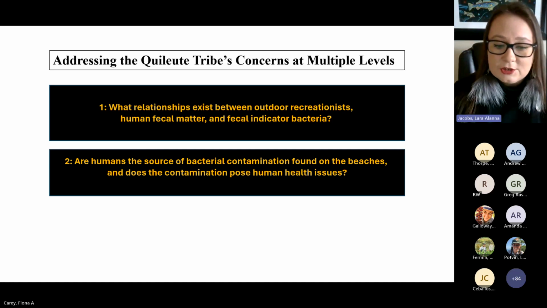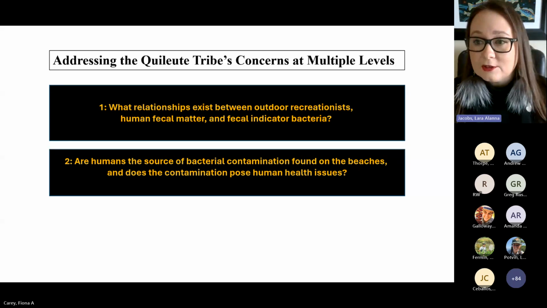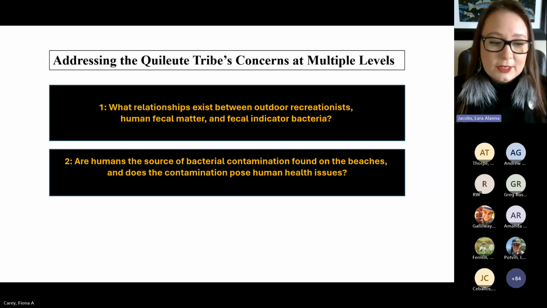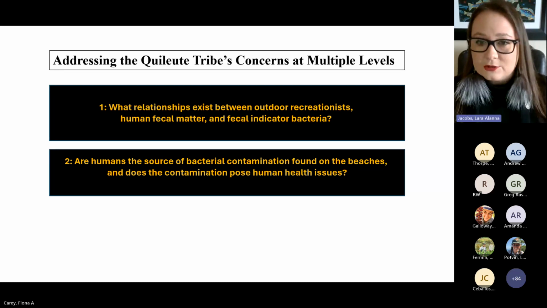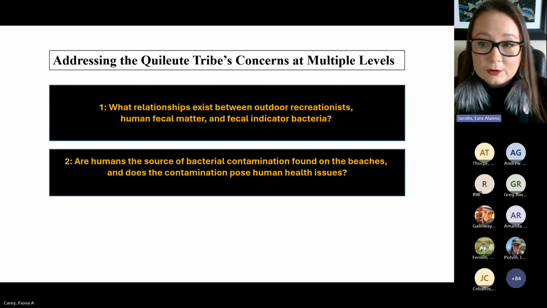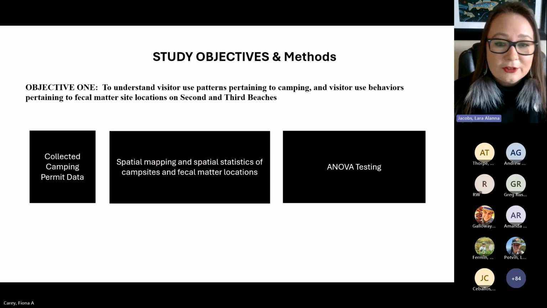And does the contamination pose human health issues? And that's a really important question because bacteria can originate from lots of different types of animals. So understanding the source of any bacteria that we found is important. And then also asking, well, how serious can this bacteria be for human health was also very important for the study. Next slide, please.